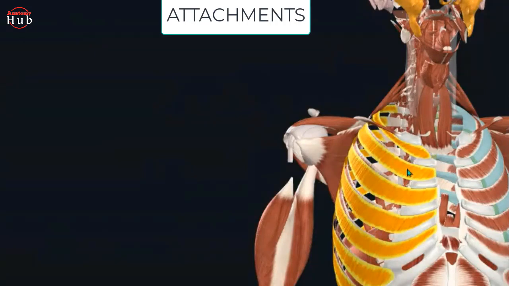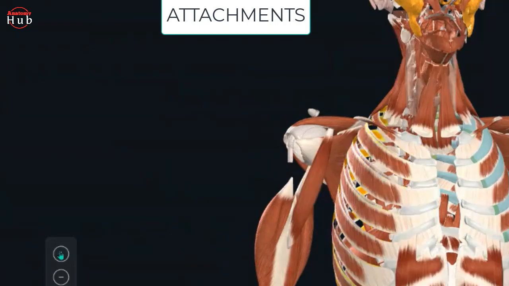Just superficial to that, you will find another muscle group. This is your external intercostal muscles. The external intercostal muscles take origin from the upper ribs, then they descend downward and forward, and attach to the superior border of the lower ribs.